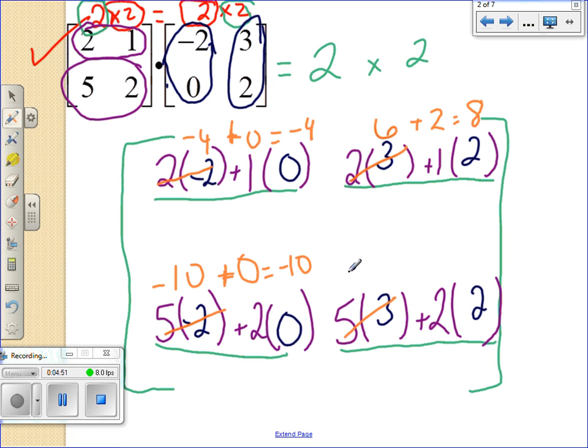5 times 3 is 15, plus 2 times 2, which is 4, which means that's 19. So what do I get when I multiply these two matrices together?